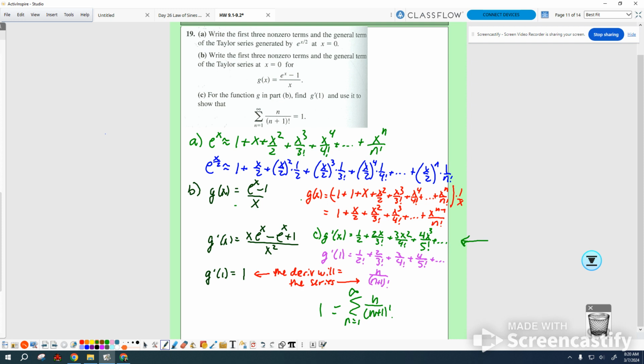Okay, part A. I got the series e^x over 3.